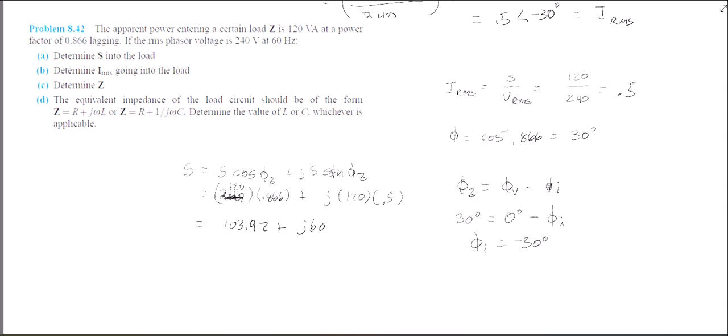And so now that I know that, I can write I RMS is the value that I found earlier, 0.5 angle negative 30 degrees. So just showing two different ways of doing it. Alright, now we need to find Z.